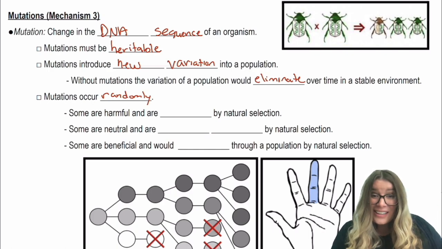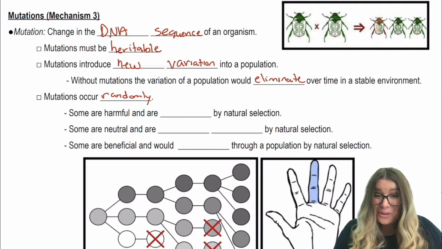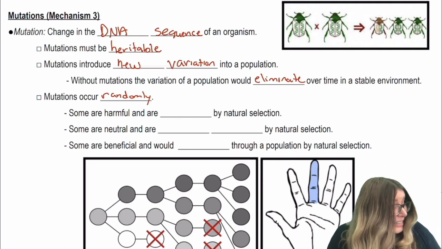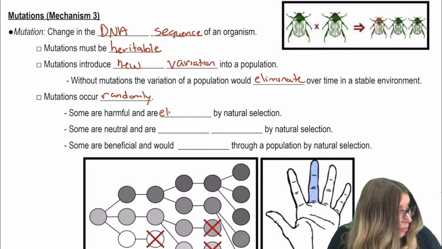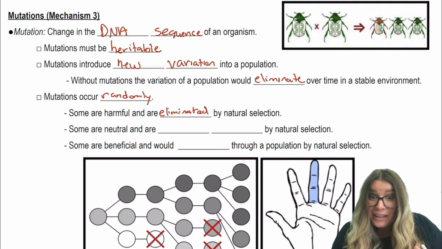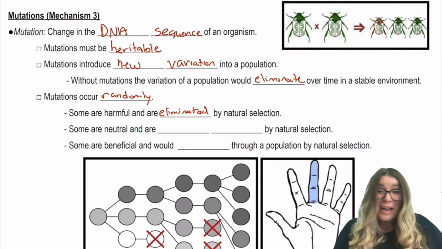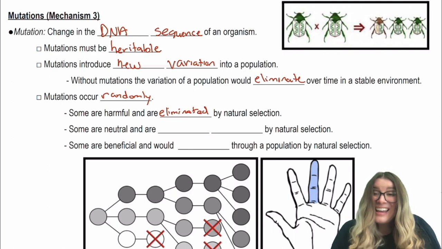So because they are happening randomly, sometimes when you get a change in your DNA sequence, it can harm you. They can be harmful. And if you get a harmful mutation, it's going to get eliminated by natural selection. So you're not going to have that mutation stay around for long.